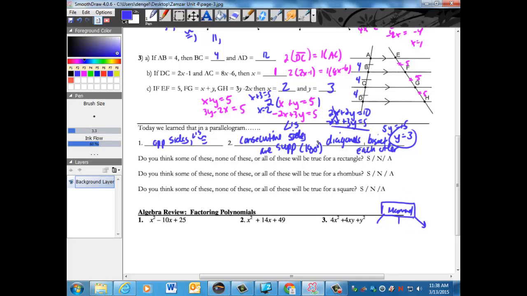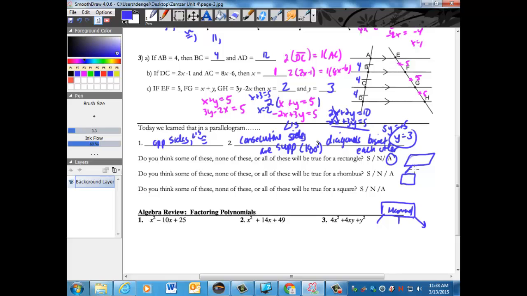So since we're starting at a parallelogram and we're working our way down towards a rectangle, all of this genetic material that's in this parallelogram will get passed down to all shapes. So this will get passed down to a rectangle. So this is going to be always true.